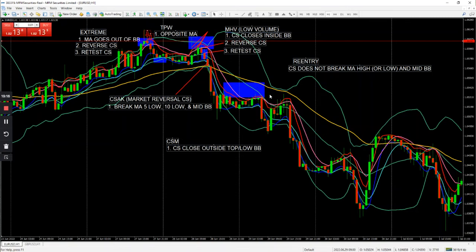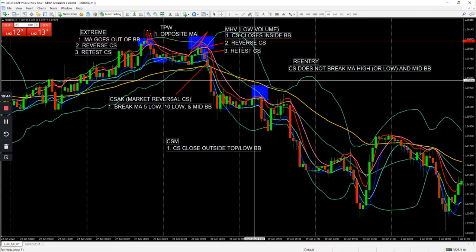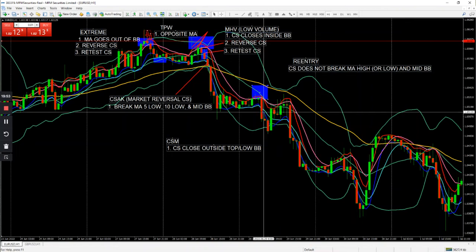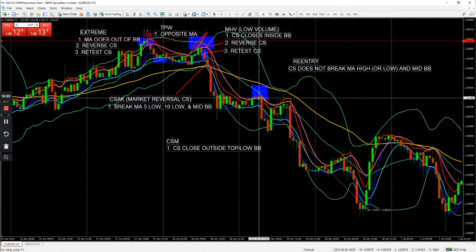As you can see, this entry is where the mid BB, MA 5 high and MA 10 high are tied up, and when this happens, minimum 3 candles. If you are on an H1, there are three bear candles, and this is 46 pips, and it goes about 34 candles.